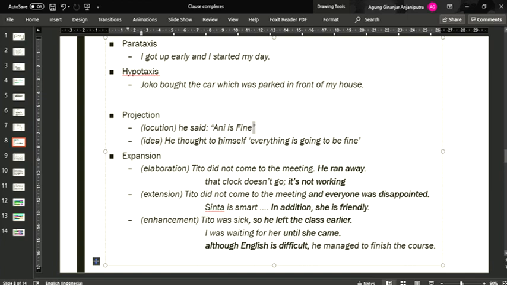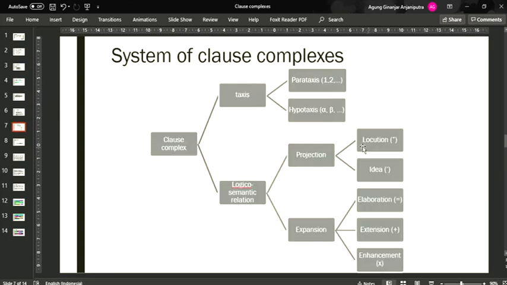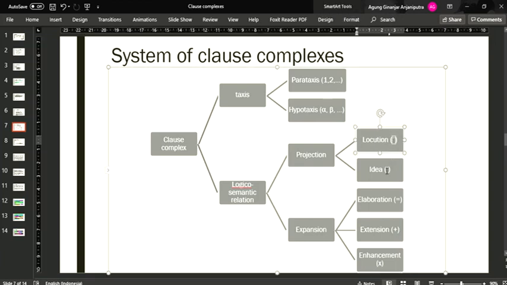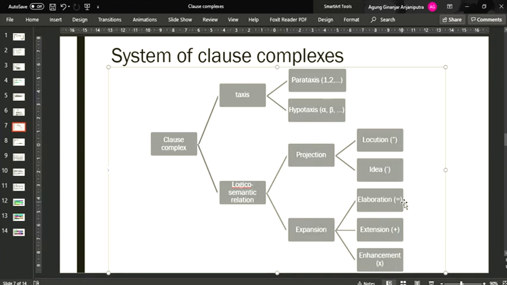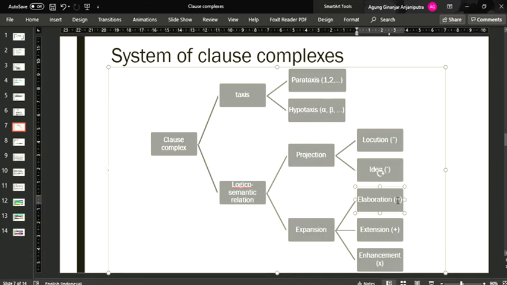He thought to himself, 'Everything is going to be fine.' We use an apostrophe. So let's get back first. In locution, the symbol is quotation mark. In ideas, apostrophe. In elaboration, the equality symbol. This one's plus, and this one, the multiplication symbol.